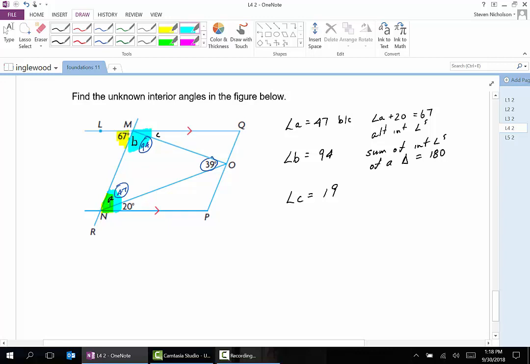We know the angle at the very bottom, this angle right here, is 67 degrees. So if that angle is 67 degrees, that means the top whole angle can only be 180 minus 67, which is 113. And 113 minus 94 is 19.